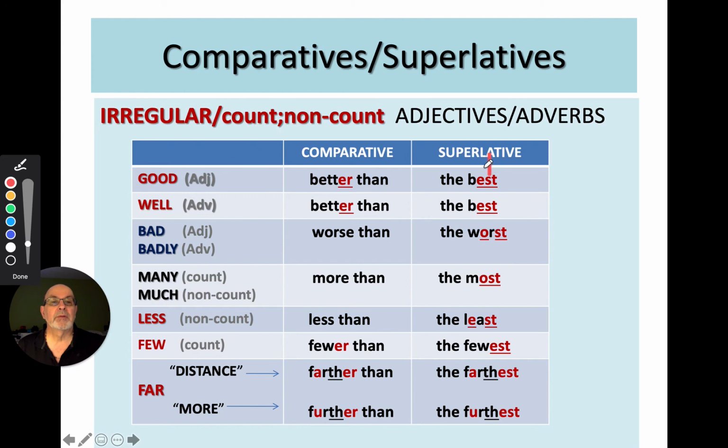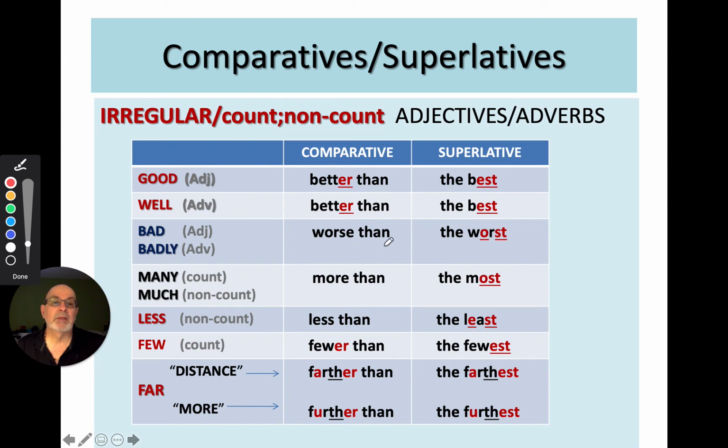This follows the rule for -est, this follows the rule for -er, but I wish I could explain to you why we don't say gooder, I can't, or why we don't say badder, but I know that in French you don't do it either. You don't say bonheur que, and you don't say mauvaise heure que, you say meilleur que et pire que. So if it works in French, I guess you could understand it works in English too.